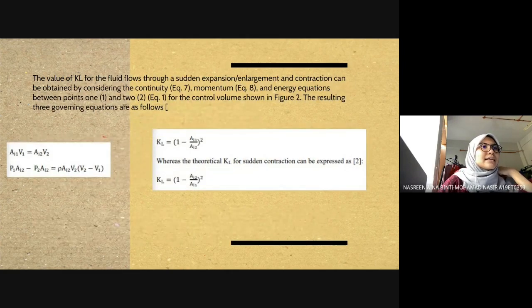The sudden expansion or enlargement, or sudden contraction of flow geometry. KL for sudden expansion and enlargement in circular ducts are shown in figure 2.